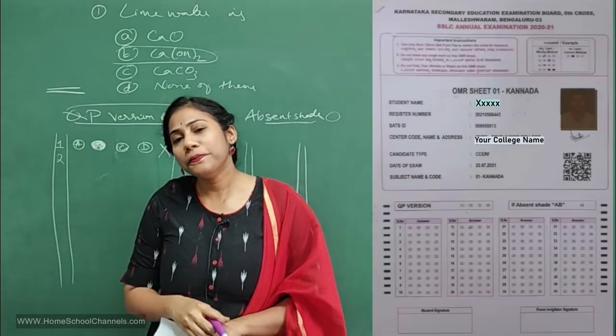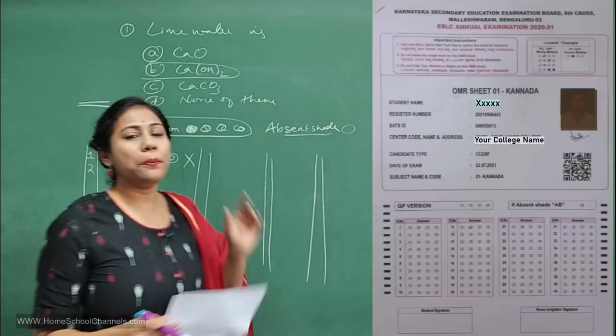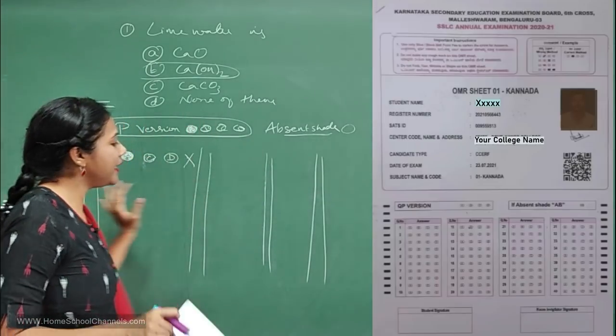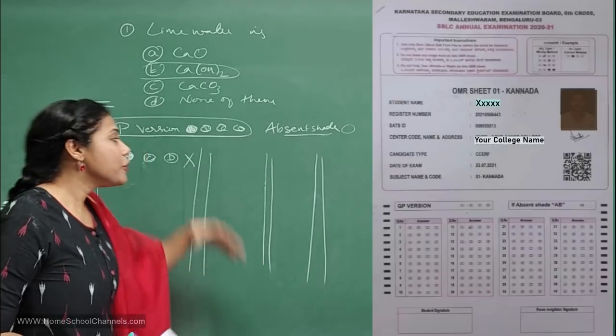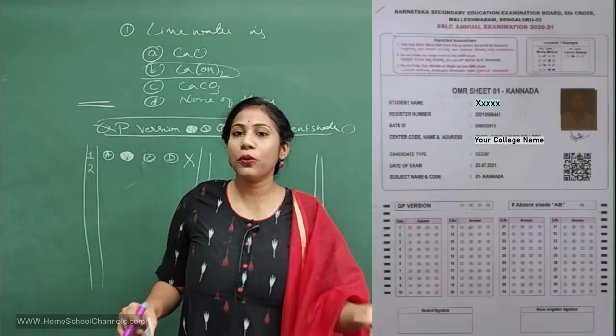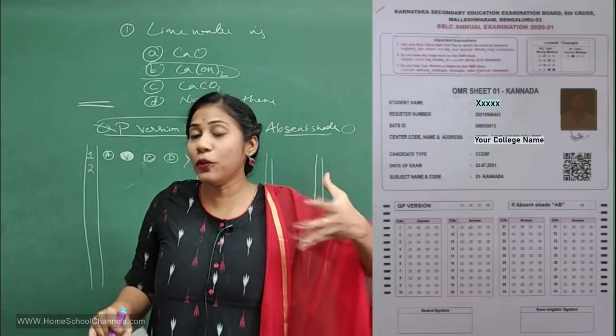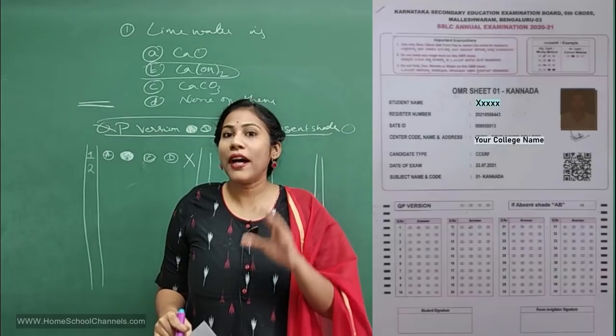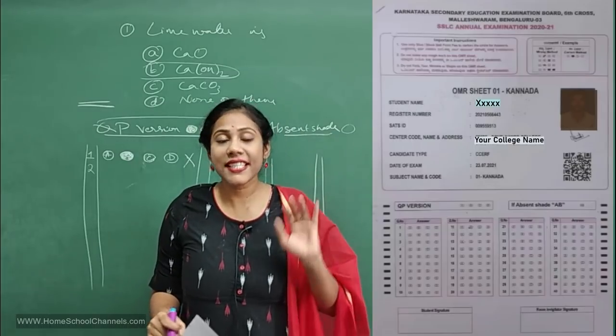So for every subject, they will provide one OMR for you. For science, one OMR, because the OMR, you see, had only 40 questions, right? So for science, one OMR, for social, one OMR sheet, for maths, one OMR sheet, like that, maybe 3 OMR sheets you have to fill, okay? So that's how you have to do the OMR sheets carefully.